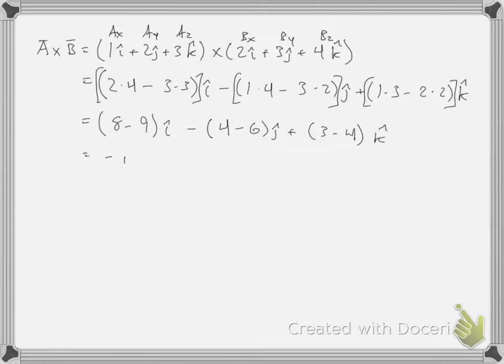So this is negative I hat minus a negative 2, which is plus 2 J hat, plus, nope, just kidding, negative K hat. All right. So this is our new vector, through all that rigmarole, okay?